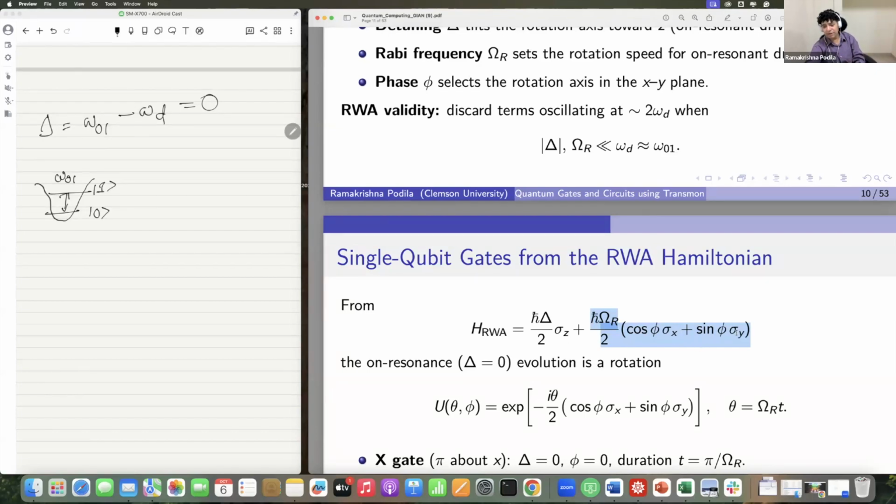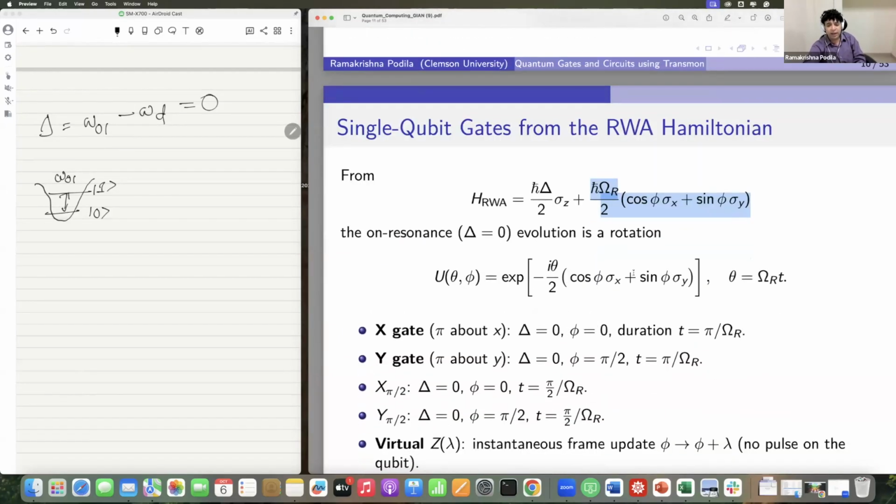And sigma x and sigma y are operators like Pauli matrices. So we can say that the evolution is like a rotation. So at delta equal to 0, that is on resonance, the first term is 0. And then you have this term, which you can use as a unitary operator. Recall that if you have a time independent Hamiltonian, we saw that I can write U as e to the power minus iHt by h bar, right?